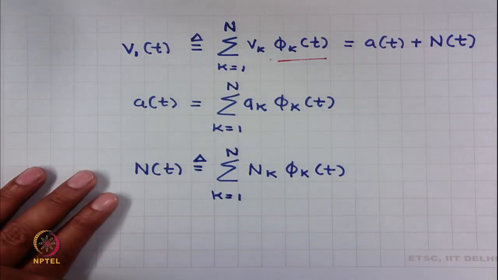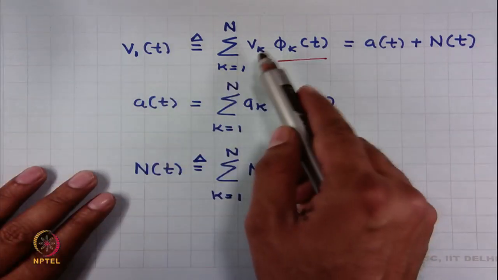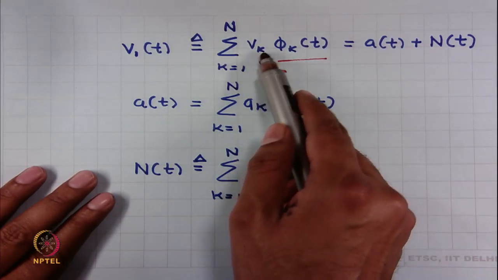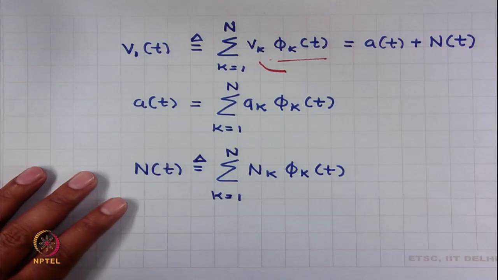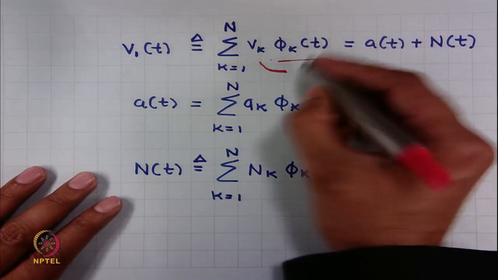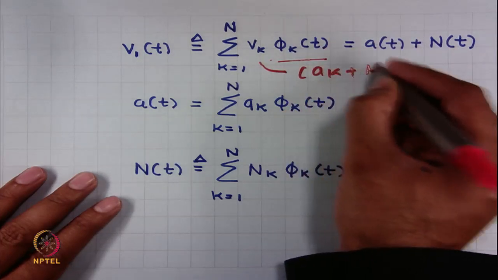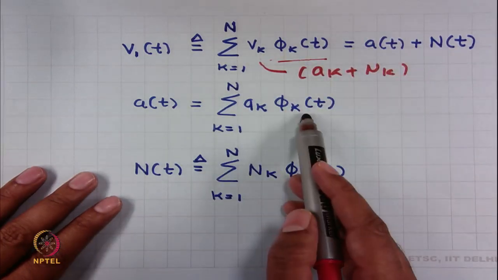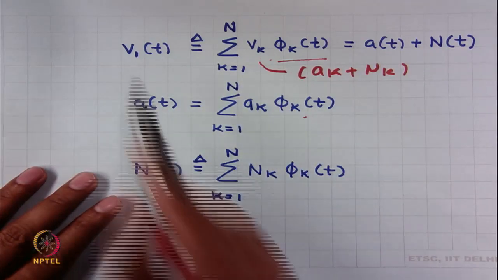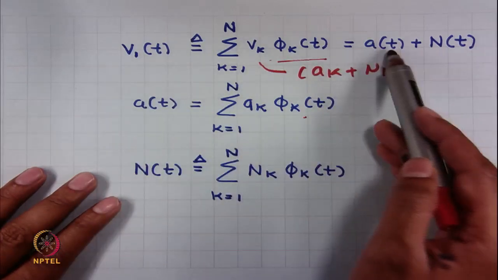So, V1 t, as I have said, is simply a weighted sum of these orthonormal functions, and the weights are decided by these random variables V k, and these random variables V k are simply A k plus N k, and we know that this is A t and this is N t. So, you can also say that V1 t is simply A t plus N t.